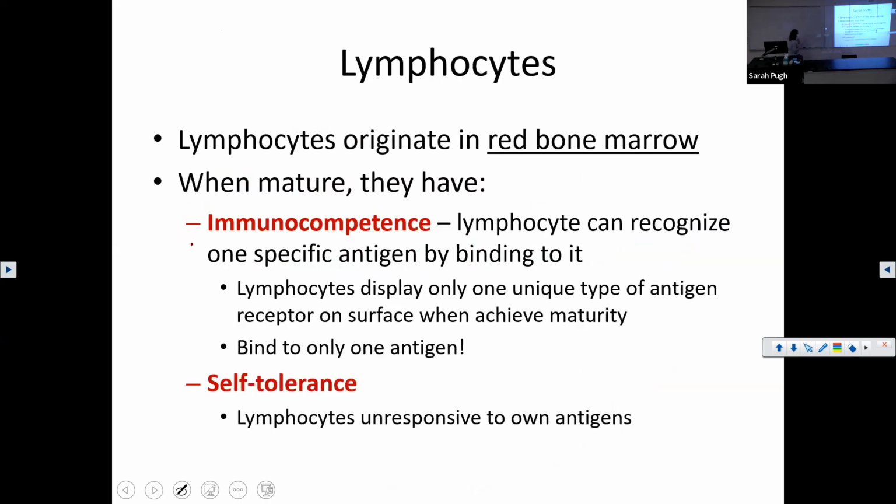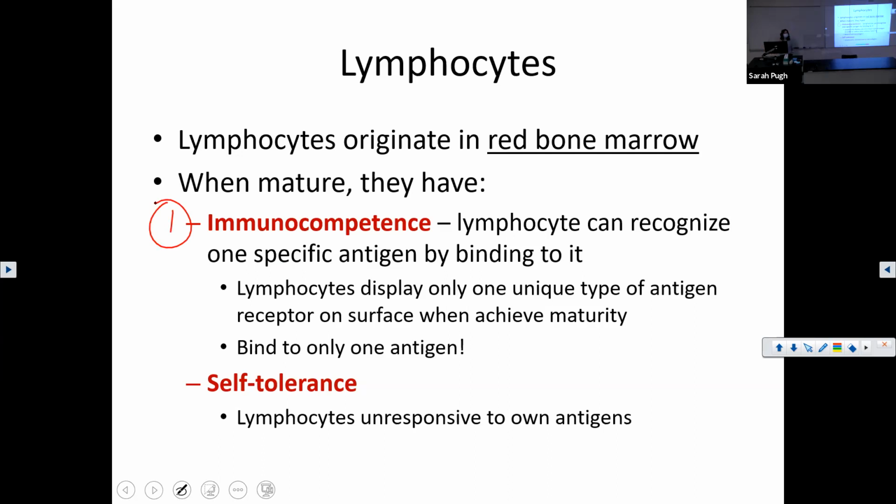So we're going to walk through our B cells and our T cells, which remember, these are lymphocytes. These are a type of white blood cell. Remember, all of your white blood cells come from red bone marrow. In fact, all of your formed elements do. When a lymphocyte becomes mature, it has two things. One, it has immunocompetence.